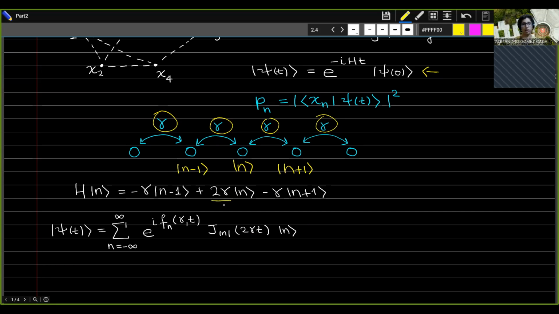So we have to account for those 2 cases, and we can define this Hamiltonian in that way.